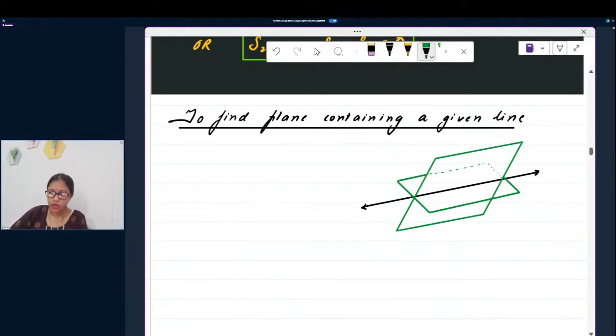If pi 1 and pi 2 are given, this is pi 1 and let this be pi 2, that means the line is given in general form.